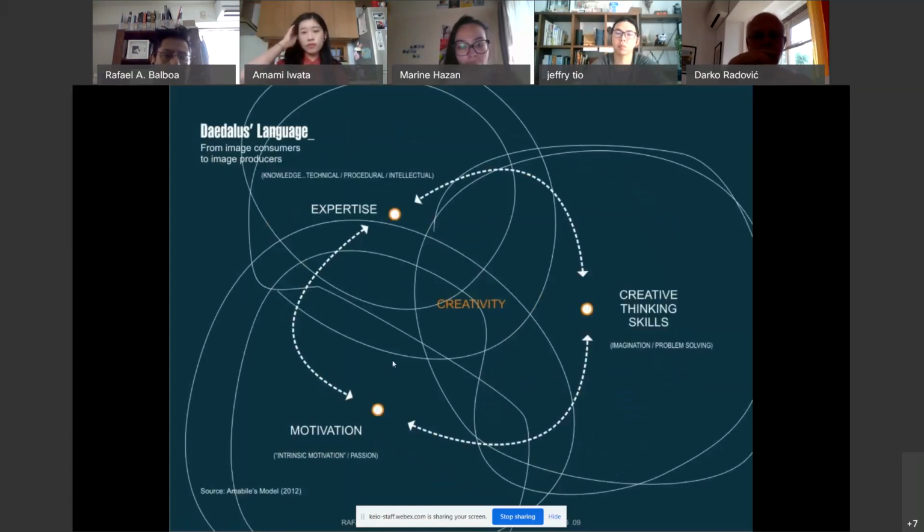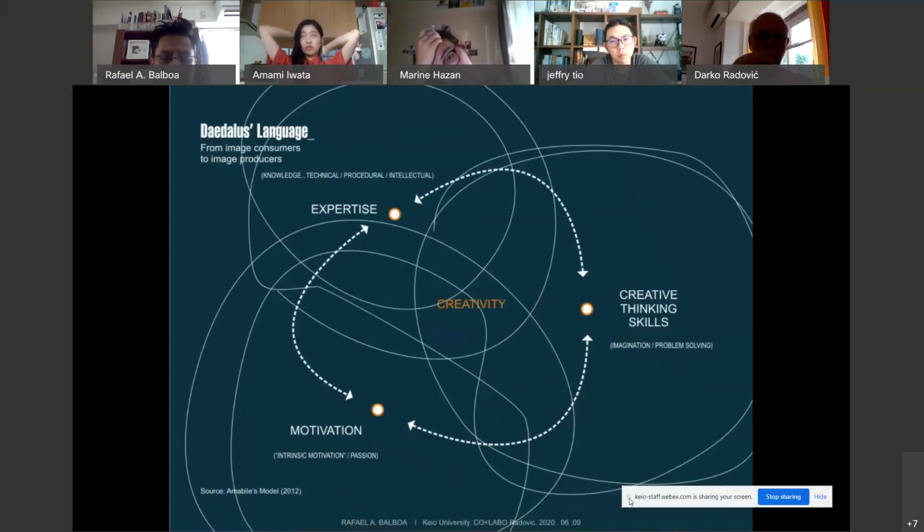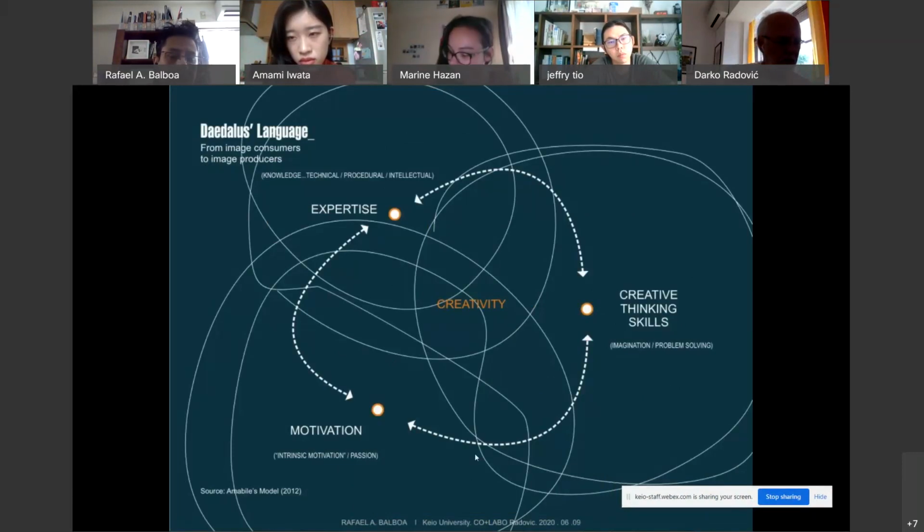In the previous presentation we also expanded on the idea of creativity, and I pointed out Amabile's model from 2012, where she expands that creativity is a combination of expertise, or what we call knowledge, either technical, procedural, or intellectual; motivation, which is more intrinsic, the passions you have for something; and finally the skills you gain through experience.